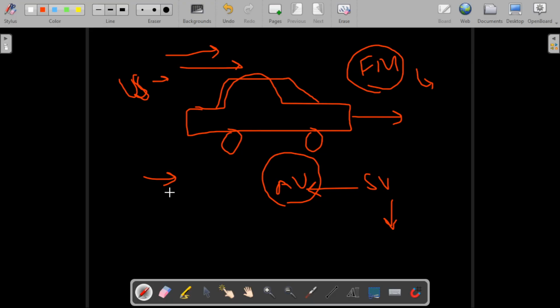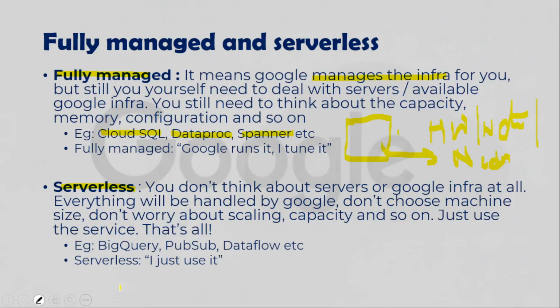They have a huge budget and they are seeking a serverless solution. This kind of thing comes into your examination question. So if you hear the word serverless, then the option will be any one of these: it could be BigQuery, it could be Pub/Sub and Dataflow and so on.